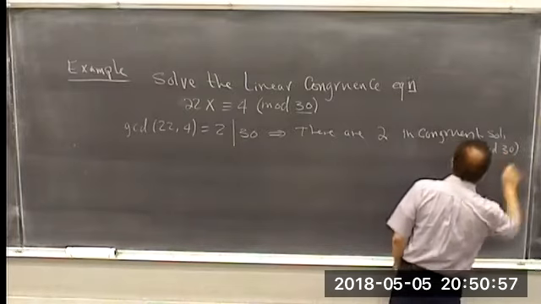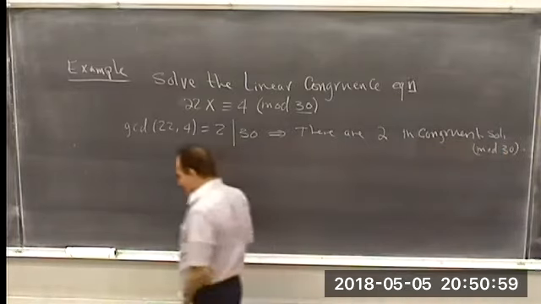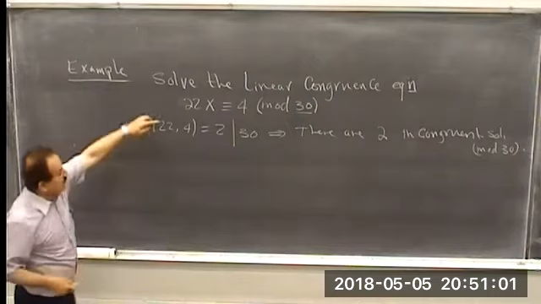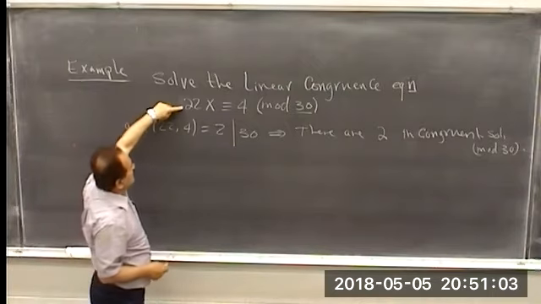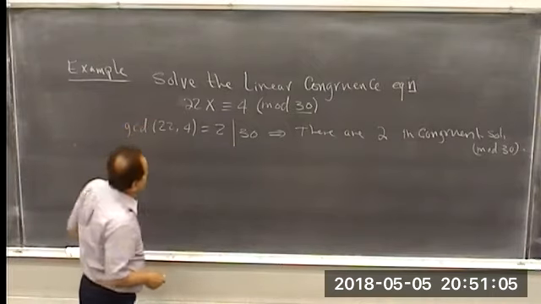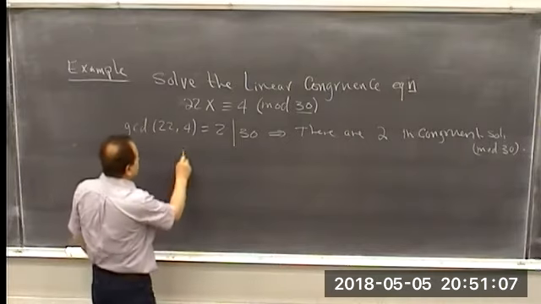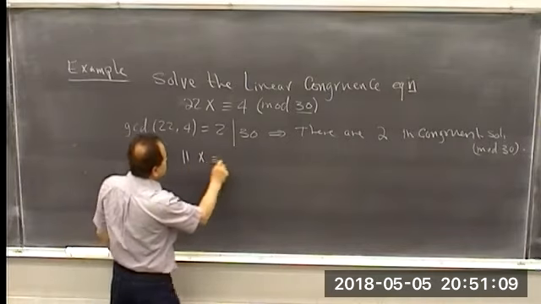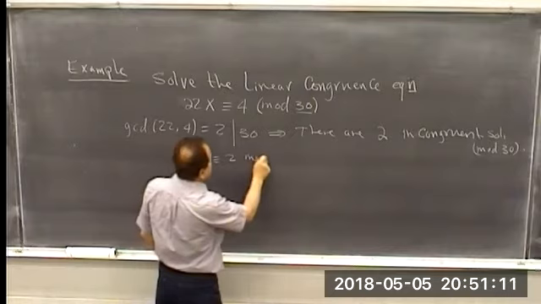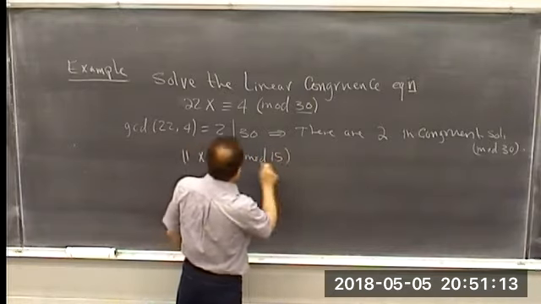All right, 2 distinct solutions. Now, we can reduce the coefficients of this equation by dividing by 2. So we get 11x is congruent to 2 mod 15.